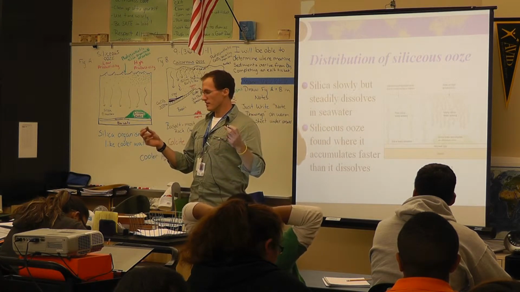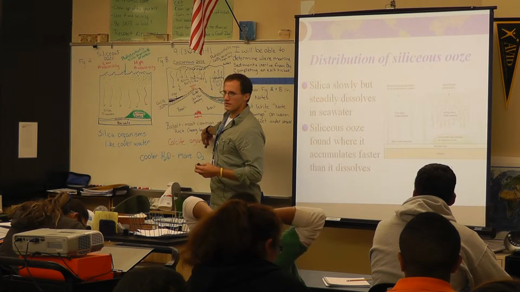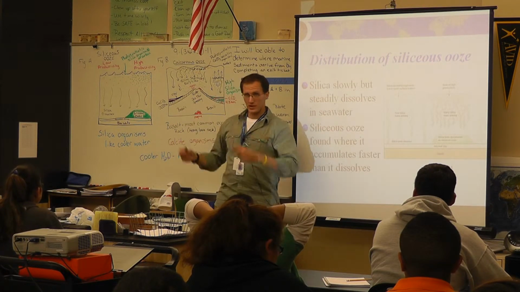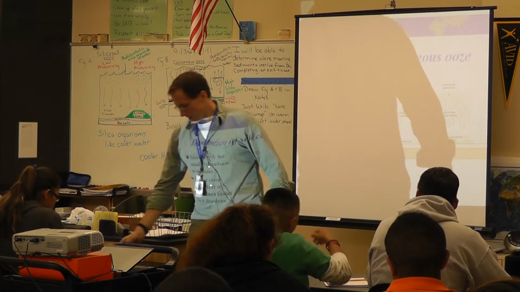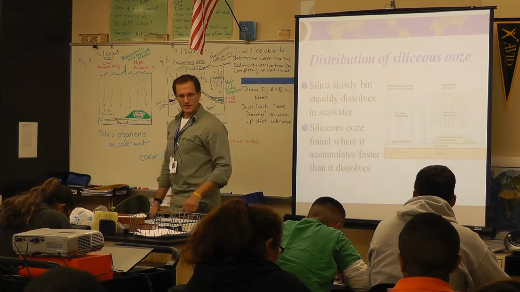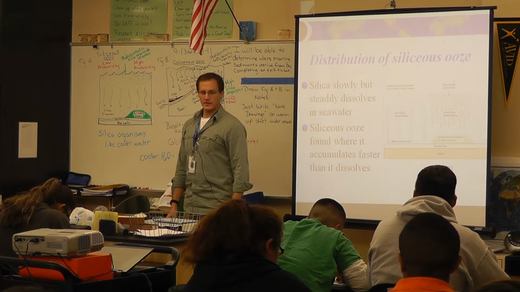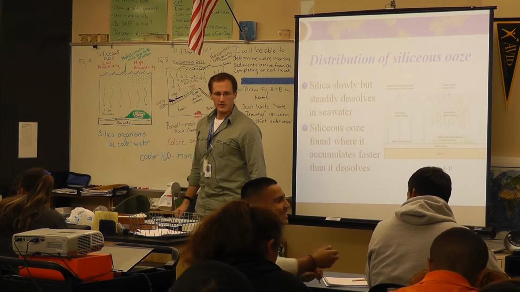Magma. What does magma turn into when it hardens? Lava. There we go. Good job. You can pass those around. What is it? That's basalt. That is the most common ocean rock there is. So most of the rock that you'll find in the ocean will be basalt. It's a lava rock.